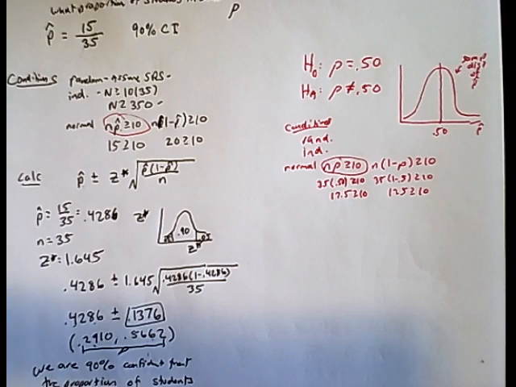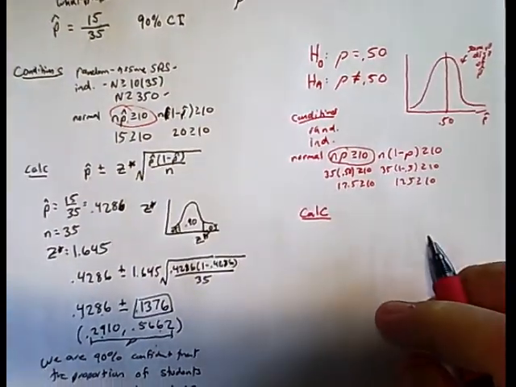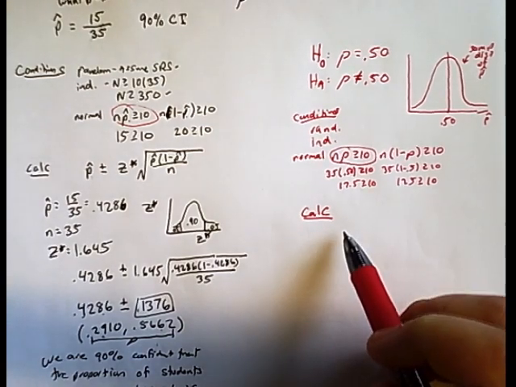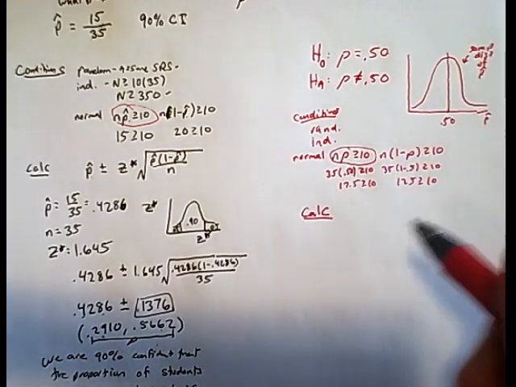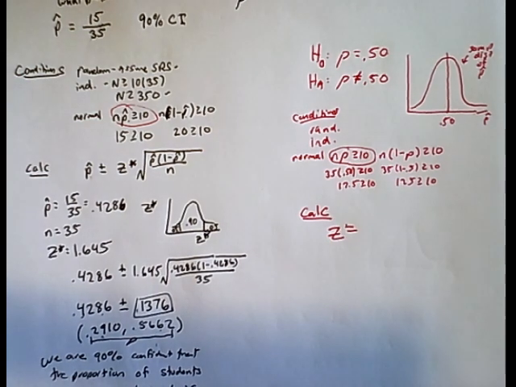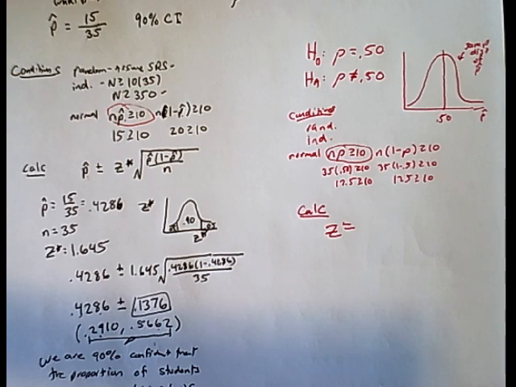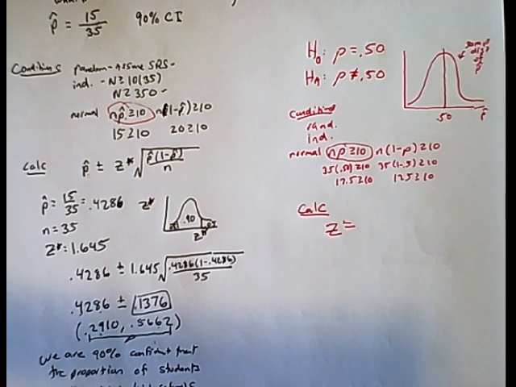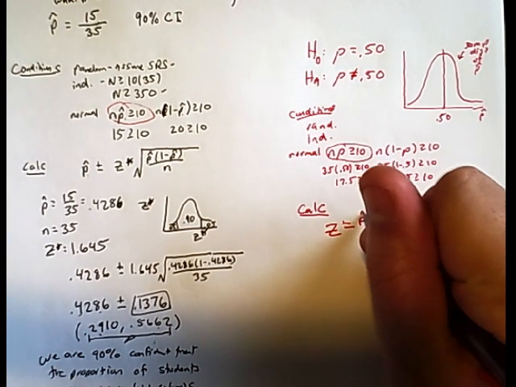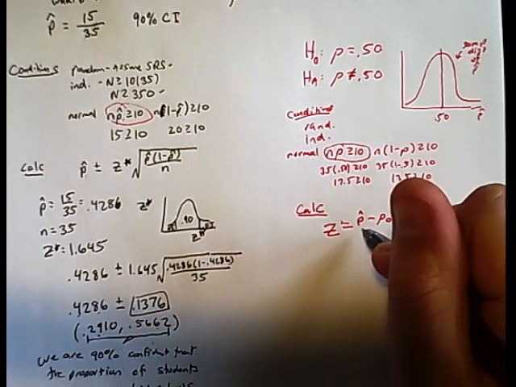Now, let's actually jump into the calculations here. Our test statistic, since we're using a z-curve, would be z. And it's similar to the last t we had. We're going to take our p-hat minus our hypothesized value.